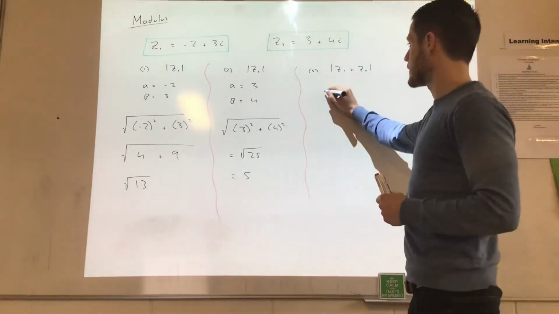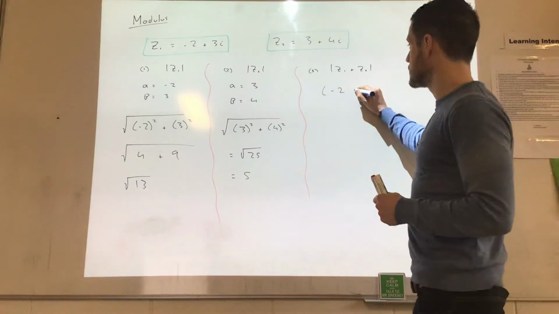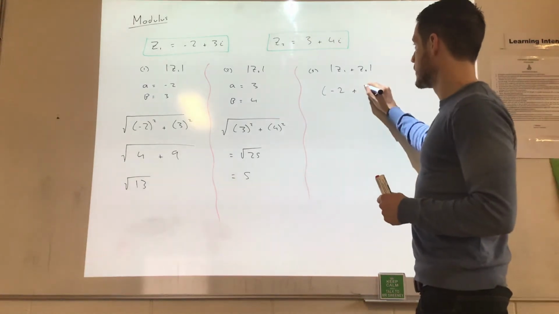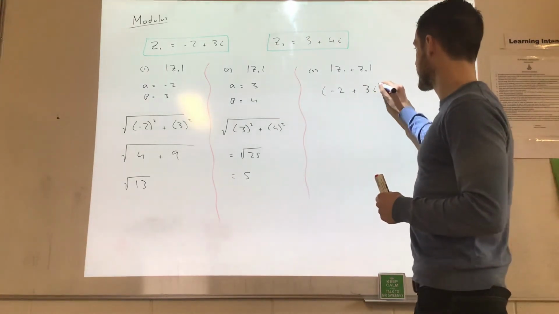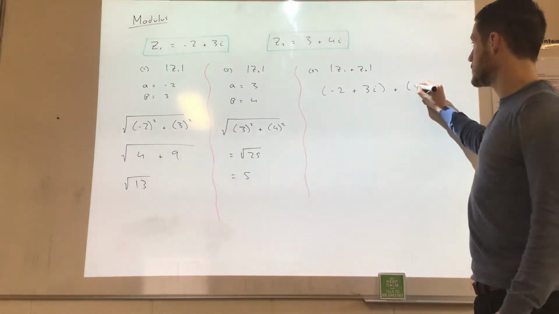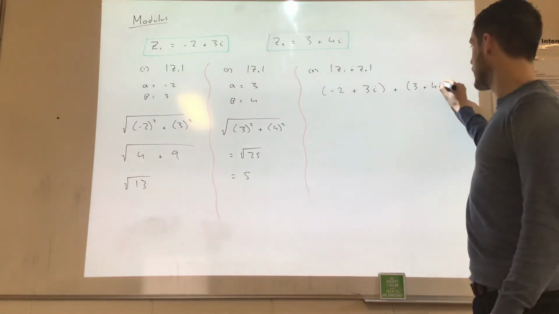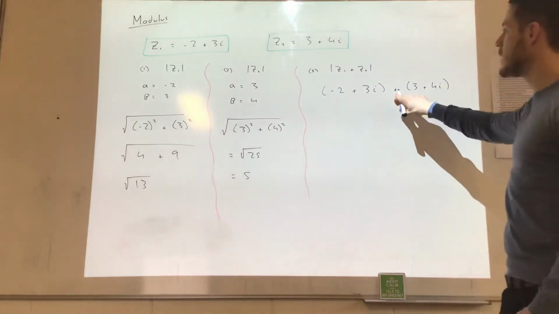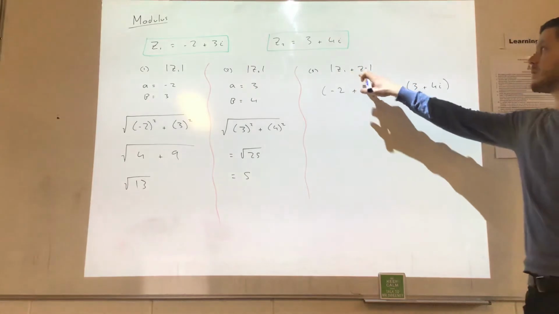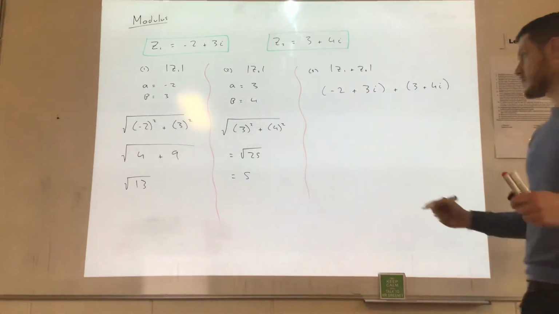So we did this at the very start. I'm going to put them in brackets just to be sure. So z1 is minus 2 plus 3i plus z2. So z2 is going to be 3 plus 4i. Now if this was a minus, say for example it was z1 minus z2, it would change the signs of this bracket, but it's not, so we're not too worried about that at the moment.